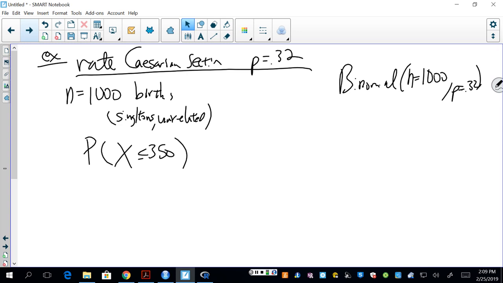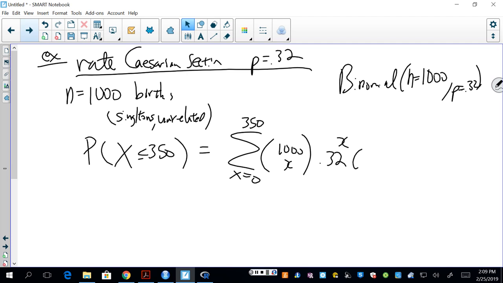If we're actually doing it with binomial, we would have to add x going from 0 to 350, 1,000 choose x, 0.32 to the x, 1 minus that to the 1,000 minus x. We'd actually have to add up 351 terms to do that calculation. You can do that in R and add them up. It's pretty fast, but it's just one.